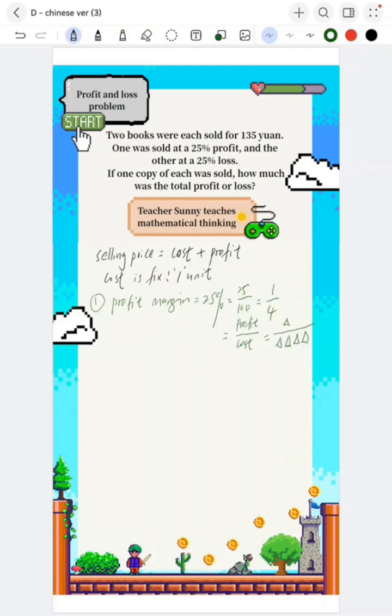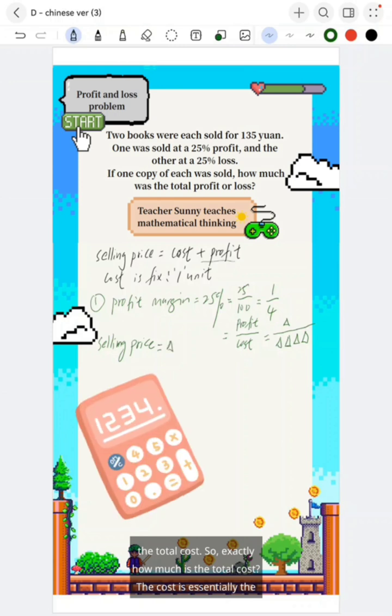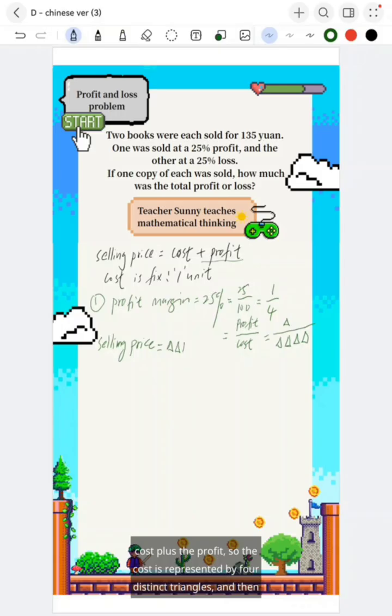In other words, this selling price is equal to the total cost. So exactly how much is the total cost? The cost is the cost plus the profit. So the cost is represented by 4 triangles, and then you add one additional triangle for the profit. And this is just the cost plus the profit.